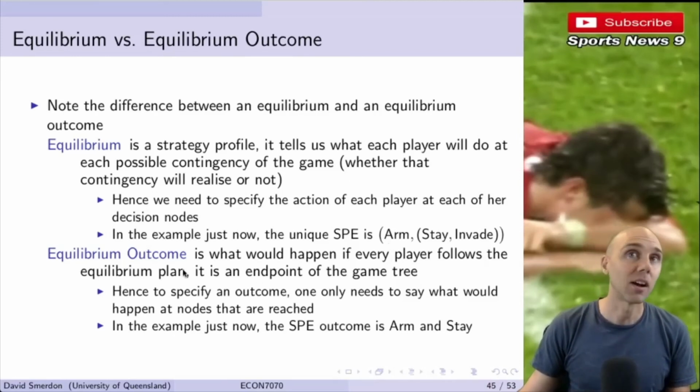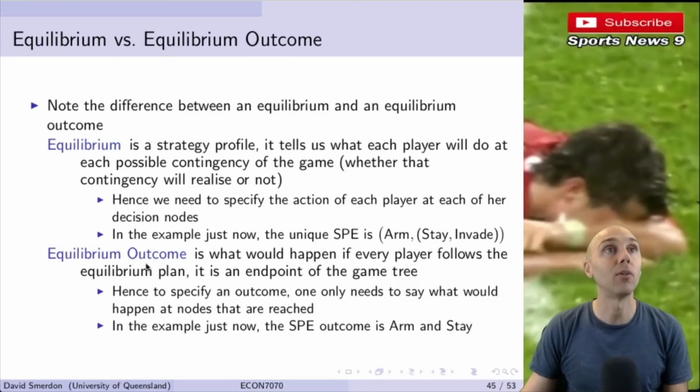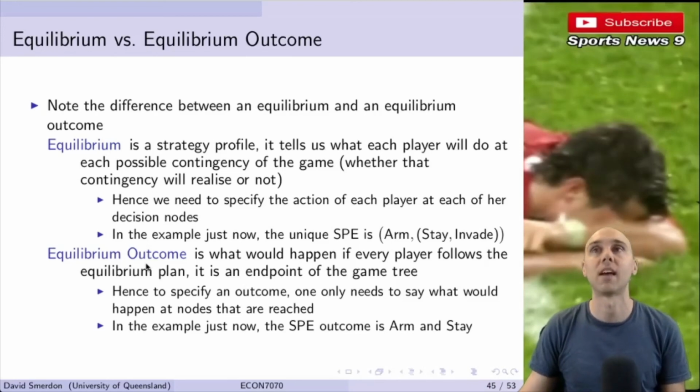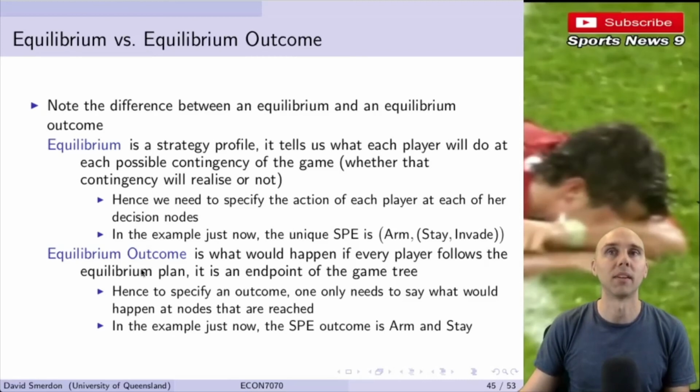Now the outcome is what happens if we follow the arrows from the root down to the leaf. So it's actually what happens. Another thing to call it is the final outcome at the equilibrium path. So if we want to specify an outcome, we just need to know what happens at those nodes to reach it there.